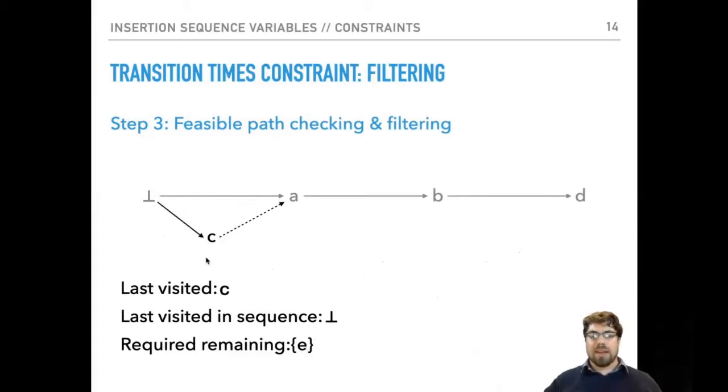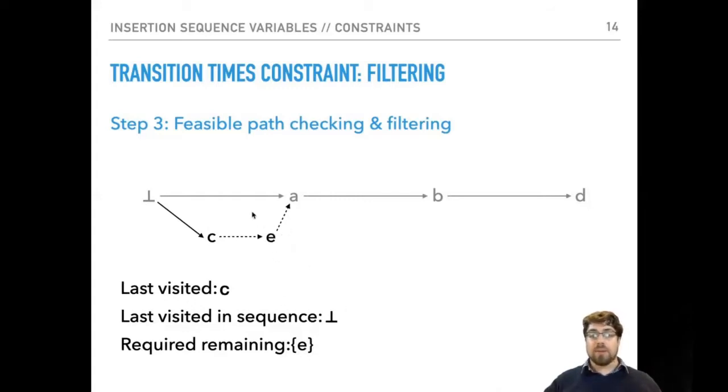Once a required element can successfully be inserted, we keep track of this insertion. So we remove it from the required elements that we still need to check the insertion for, and we check the insertion of the next element.